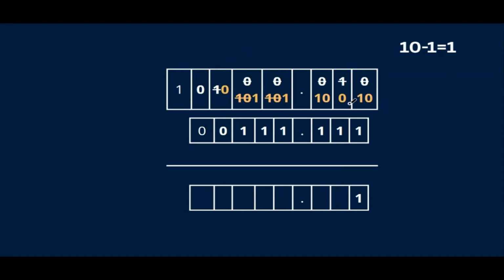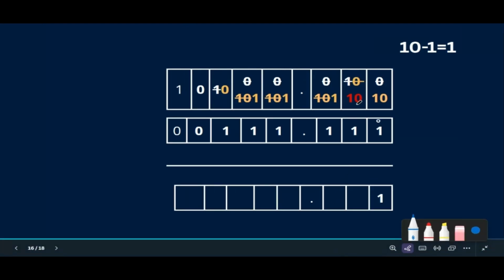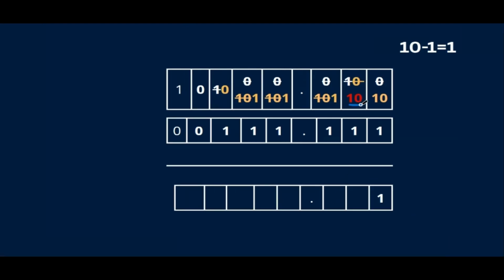Now in order to perform 0 minus 1, borrow has to be done from this bit position to this position, so that here it becomes 10 minus 1 equal to 1, and this bit position number becomes 10. Now at this position we are able to perform the subtraction, that is 10 minus 1, which is equal to 1.